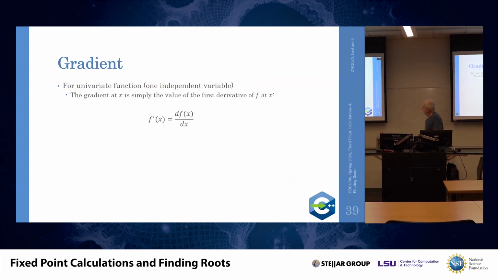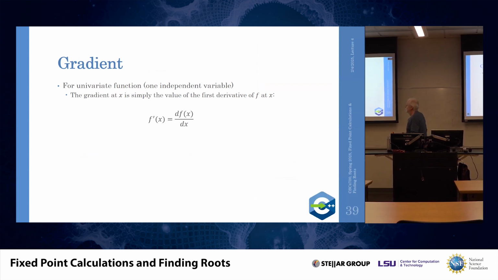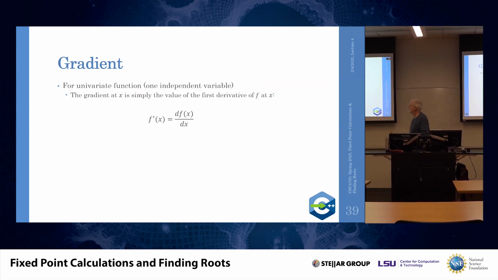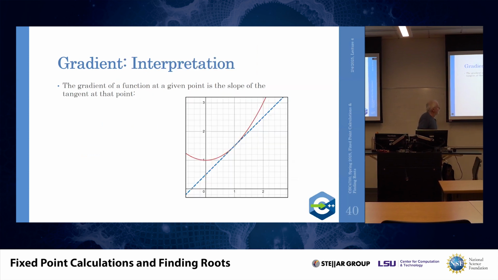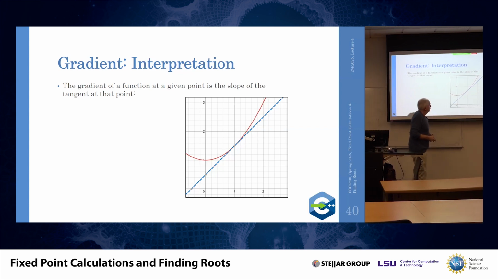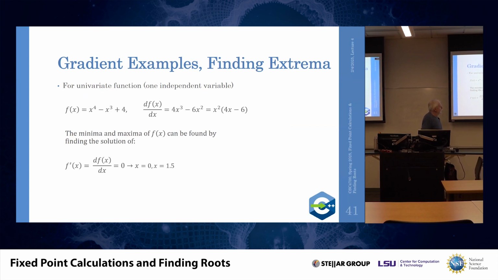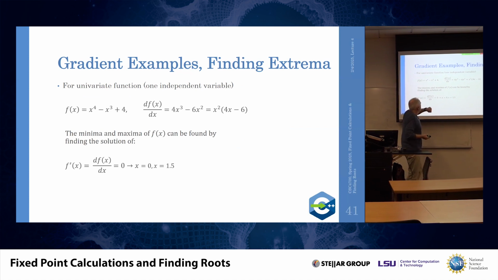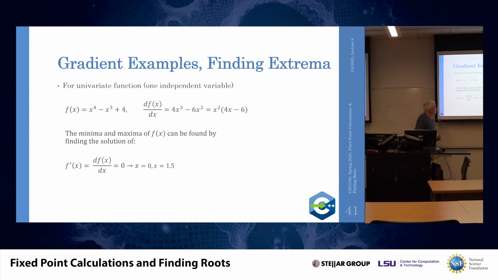Just a bit more general: for a univariate function, so a function that takes one argument, the gradient at x is simply the value of the first derivative of that function at point x. As I said, it's just the tangent at the point where I want to calculate the derivative. Just an example: let's say we have that polynomial. The derivative is that other polynomial.